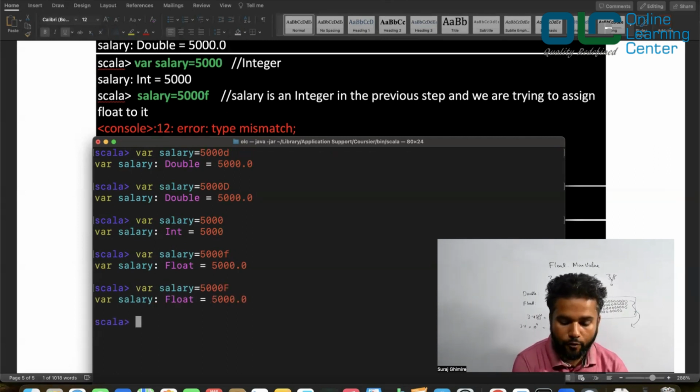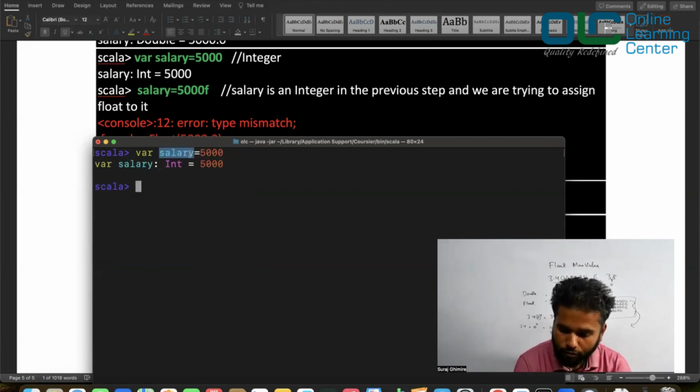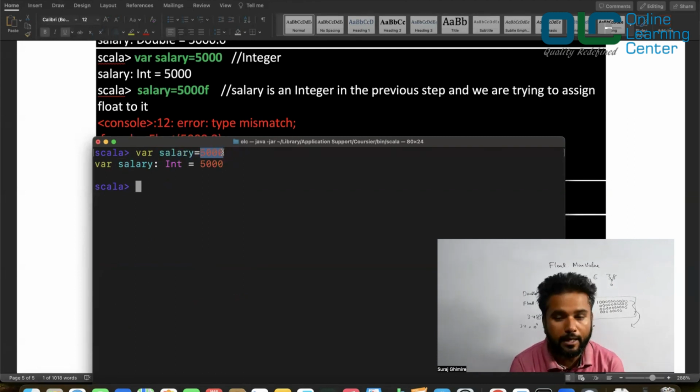So if you want to represent double, then you can use either small d or capital D. If you want to represent float, you can say small f or capital F. Now let me try something like this, where salary is equal to 5000. I got a salary which is of integer type because 5000 looks like a number, and I did not say f or d, right?